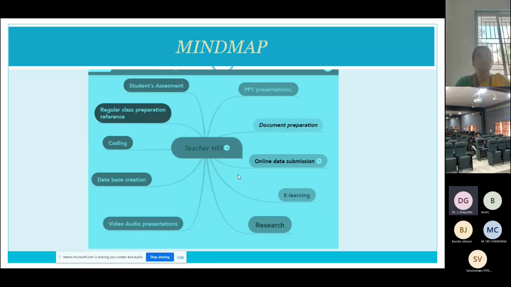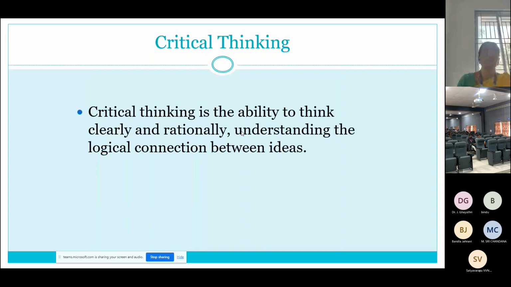All these should be done by this teacher. So this is a mind map you are drawing to find out the solution of your problem. Which one should be done first? Which will take the maximum time? Which one should be given priority? So everything can be decided, and you can come up with a good solution through this mind map.